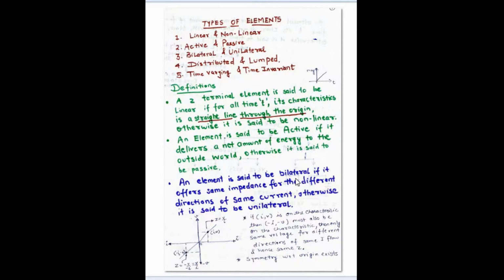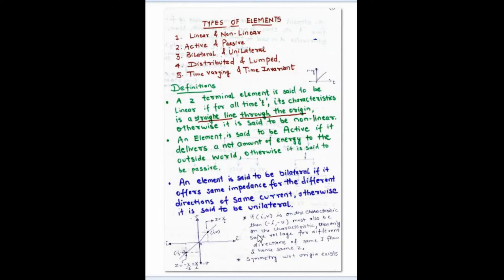Next is, an element is said to be bilateral if it offers the same impedance, that is, the impedance doesn't change for the different directions of the same current. That is, the magnitude of current is not changing for different directions. I know this definition looks a little complex, but I will explain it, don't worry.